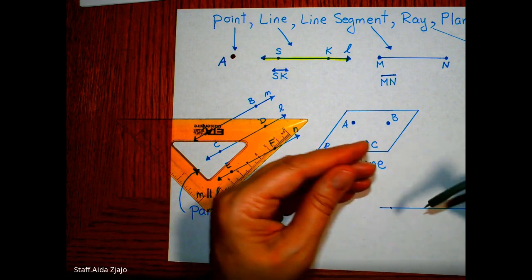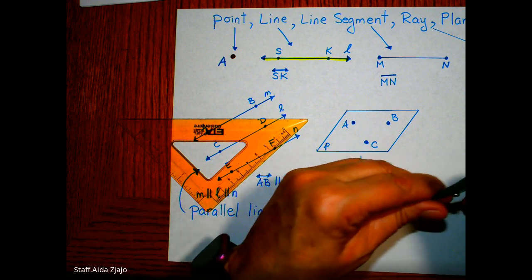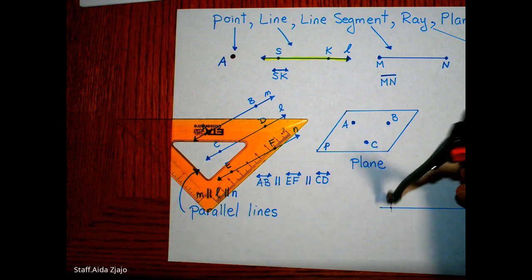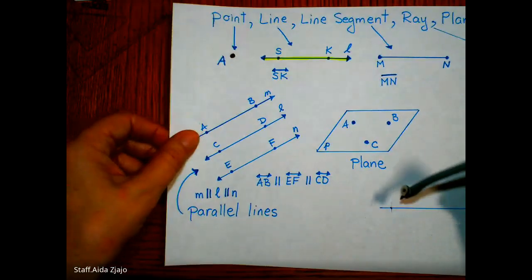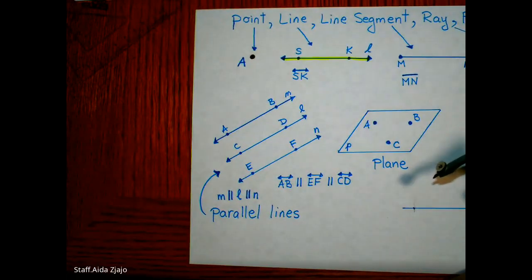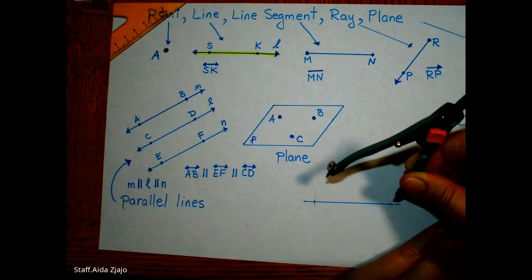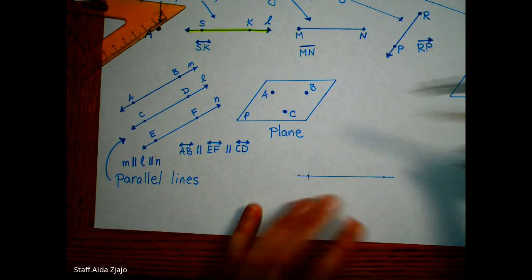And I can extend my compass to how big my line is. Let's move the paper so you can see better. There you go. Okay, so these are my two points on a line segment.